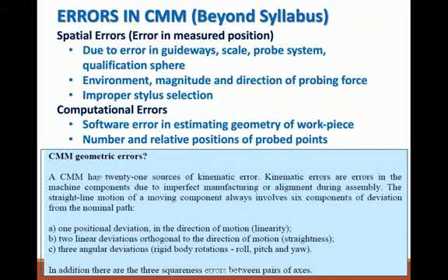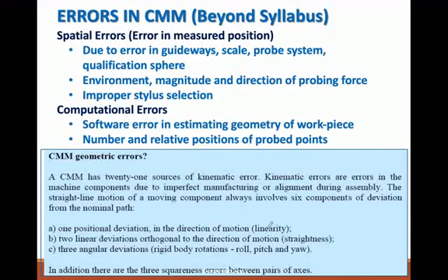It is identified that there are 21 sources of errors in CMM, kinematic errors. 21 sources of error means for one axis itself, there can be one positional deviation in the direction of motion. There can be two linear deviations, that is perpendicular to the direction of motion, straightness errors. There can be three angular deviations for the same axis, like roll, pitch, and yaw kind of error.